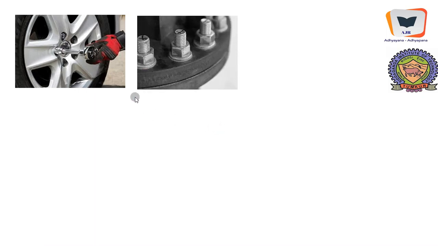So here is an example. When we rotate this nut, the stud carrying this particular nut, the rod-like thing which is provided with threads, will go for tension, and this plate will get fastened tightly with the tire, and so also the tire rim will be tightly fastened to the hub of the shaft. Here is a clear example.